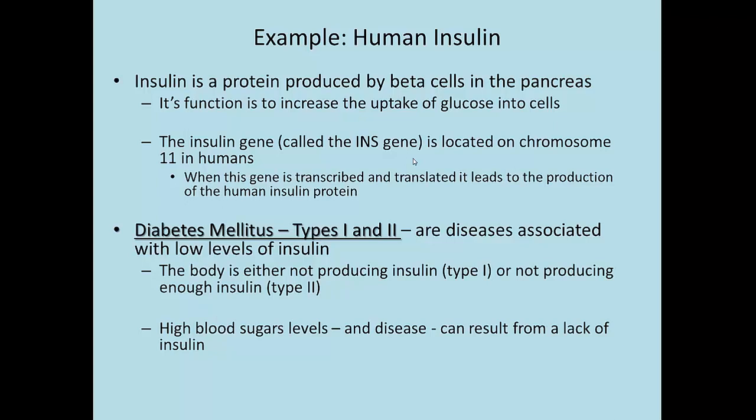So because of that autoimmune condition, the body literally stops making insulin. And so you literally then have to supply that from an external source. With type 2, you become insulin insensitive, and you don't have enough sensitivity to the insulin that you do produce. So you have to add more insulin to get the same effect. Either way, you don't have enough insulin, and high blood sugars result from a lack of insulin.